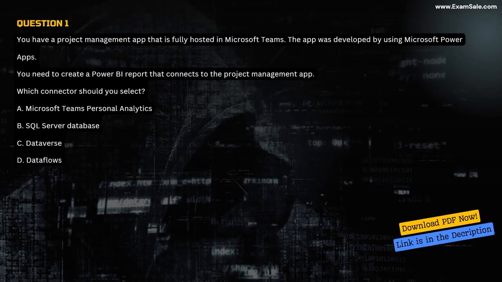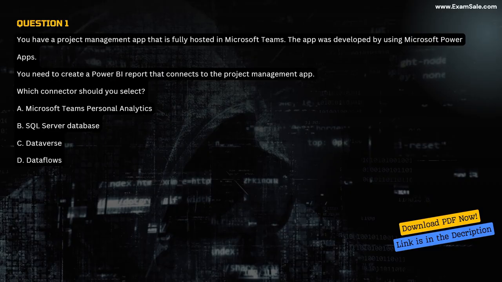Question 1. You have a project management app that is fully hosted in Microsoft Teams. The app was developed by using Microsoft Power Apps. You need to create a Power BI report that connects to the project management app. Which connector should you select? A. Microsoft Teams Personal Analytics. B. SQL Server Database.